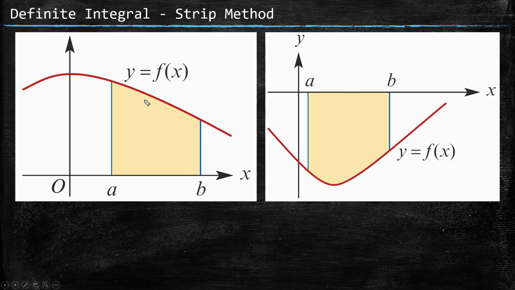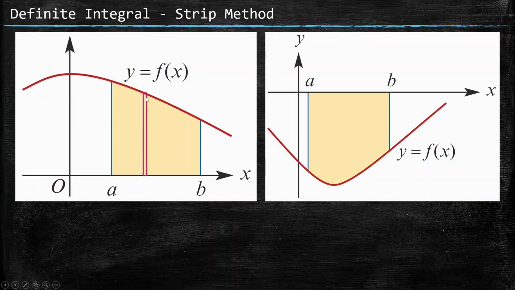He said that people were calculating the area with the help of rectangles, like this left hand point method. What he said is that if you decrease the width of the rectangles such that the width becomes infinitely close to 0.